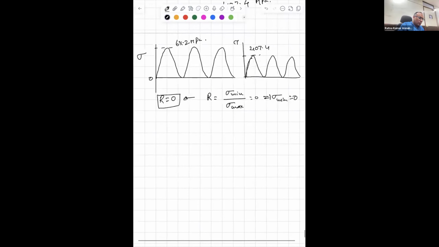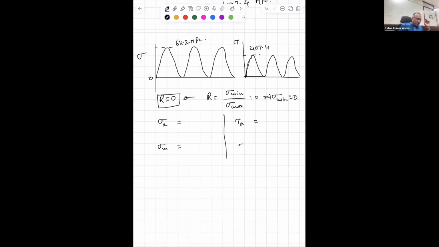So what is sigma A, the stress amplitude, and what is the mean stress? You have to find that out. Similarly, the shear stress amplitude and the mean shear stress.